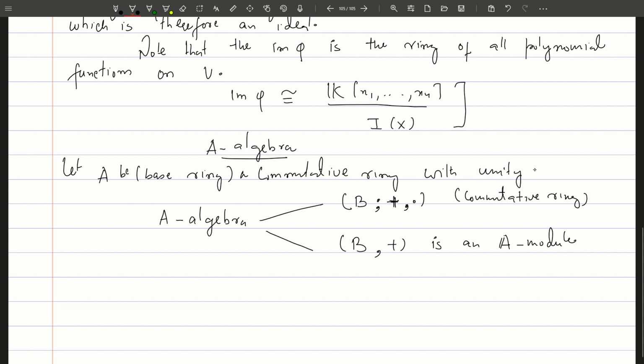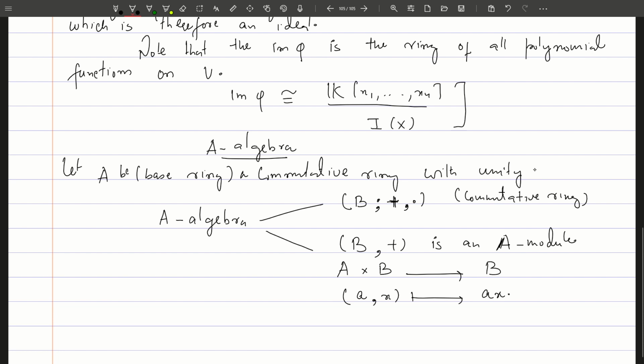I mean, we must have an external multiplication, which is from A cross B to B. So we take a here and an element x here, so it goes to ax. So this is the external multiplication.